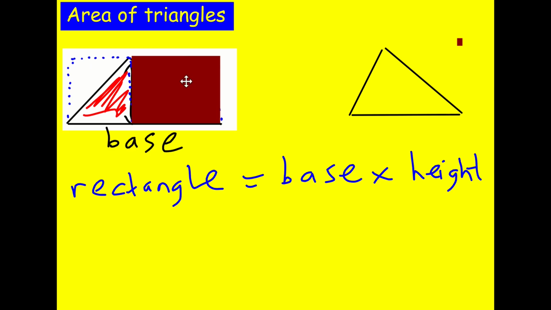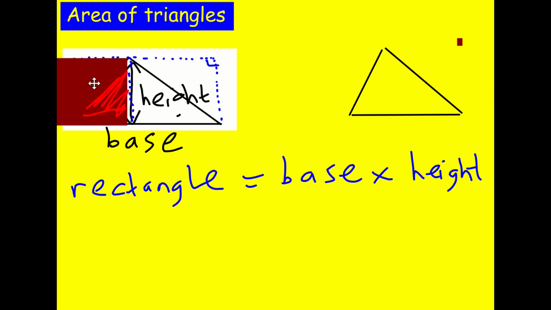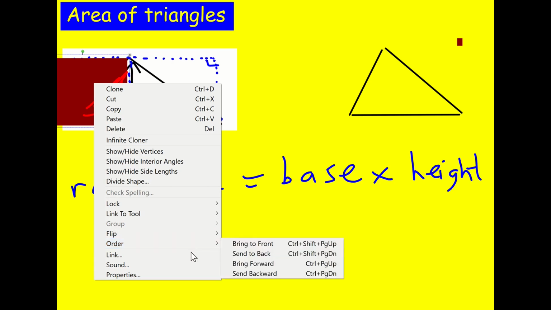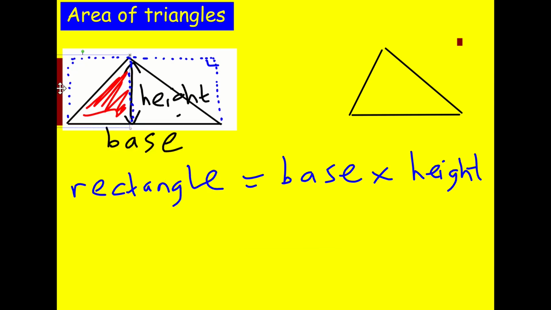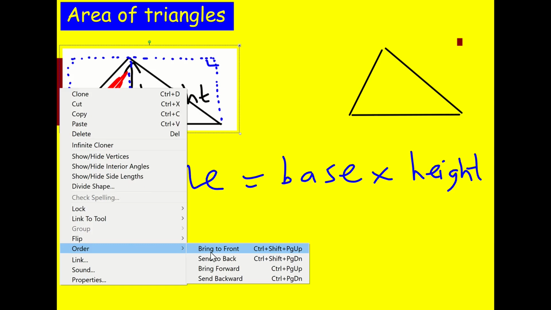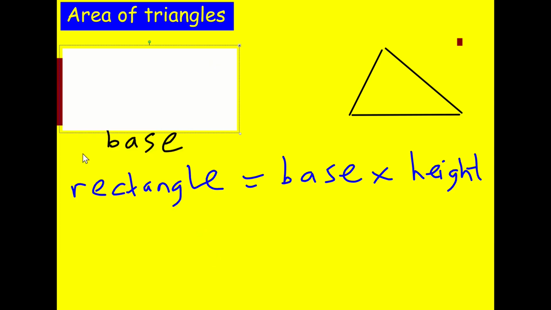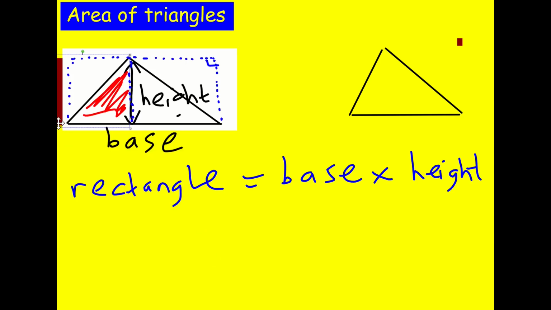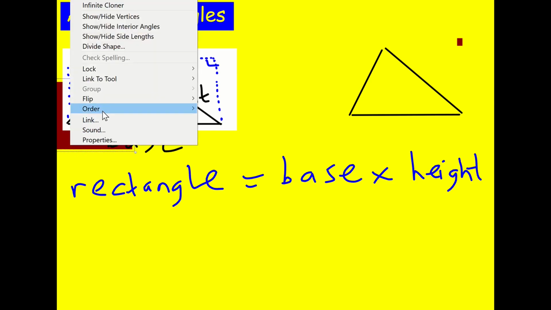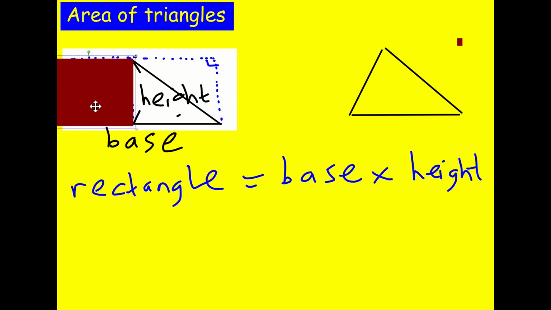If I then cover up the left hand side, whoops, okay, this is not going quite to plan. Let me just try one more time. There we go. Then again, this line here goes exactly through the diagonal, and so again, this bit of my triangle is exactly half of the rectangle.